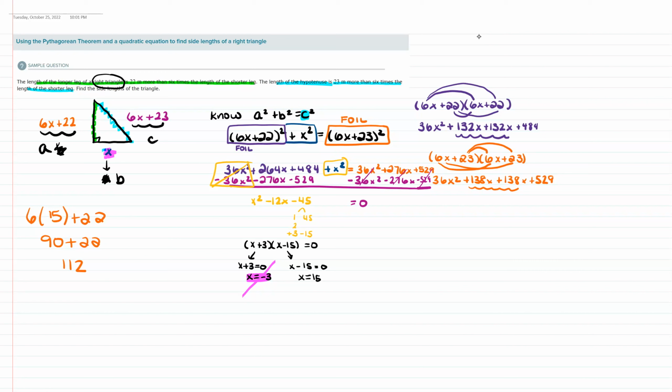So that side would be 15. And then my C side, which I was doing in like a pinkish purple, that's going to be 6x plus 23. So 90 plus 23 is 113.